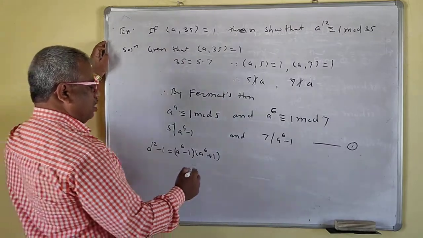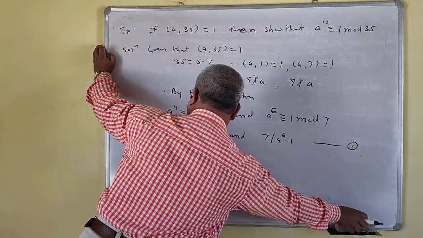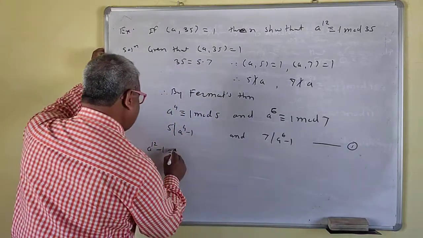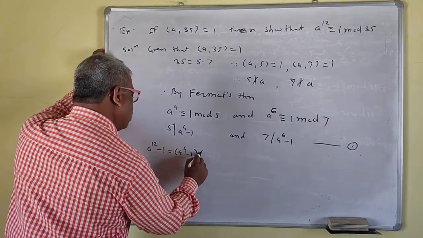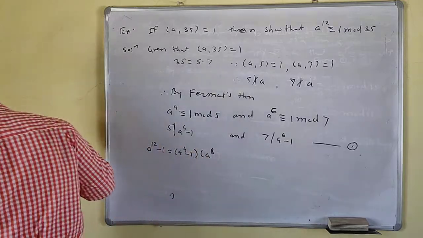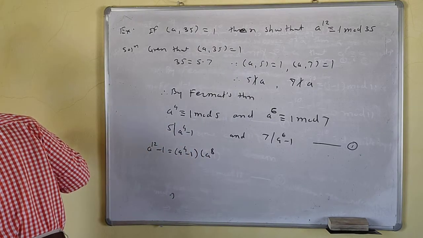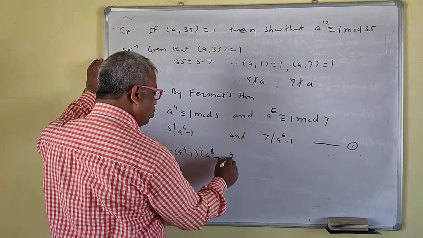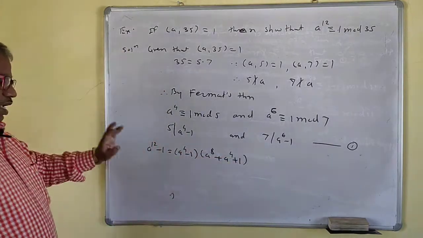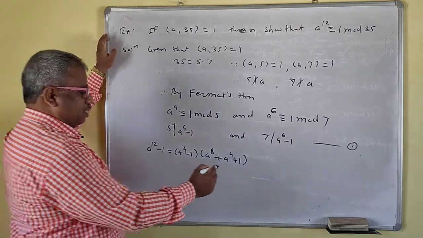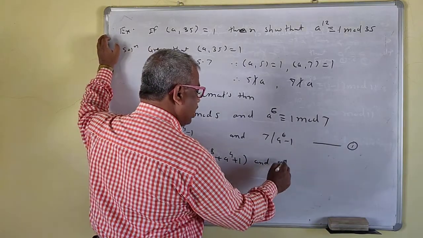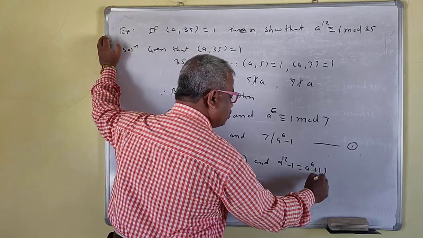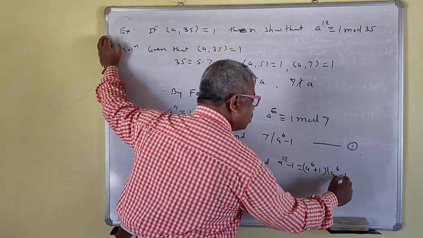Okay, so I will write this first: a^12 minus 1 is (a^4 minus 1)(a^8 plus a^4 plus 1). And a^12 minus 1, I can also write as (a^6 plus 1)(a^6 minus 1).